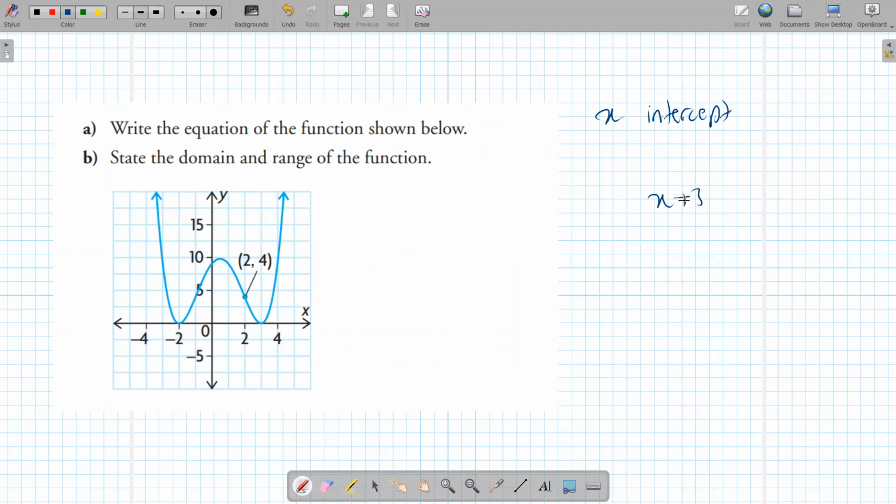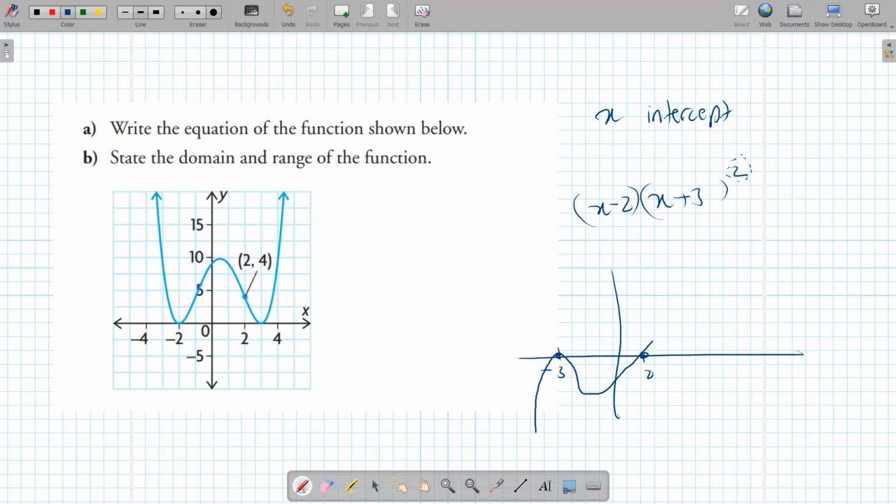Like for example, if you have x plus 3 squared and x minus 2, this is a cubic polynomial, right? We don't care about the y-intercept here. We know one of the x-intercepts, just flip the sign, it's positive 2. We know the other x-intercept is at negative 3. What happens at negative 3? Squared means turning point. There's like a mini parabola here. You see like that. And there you go.